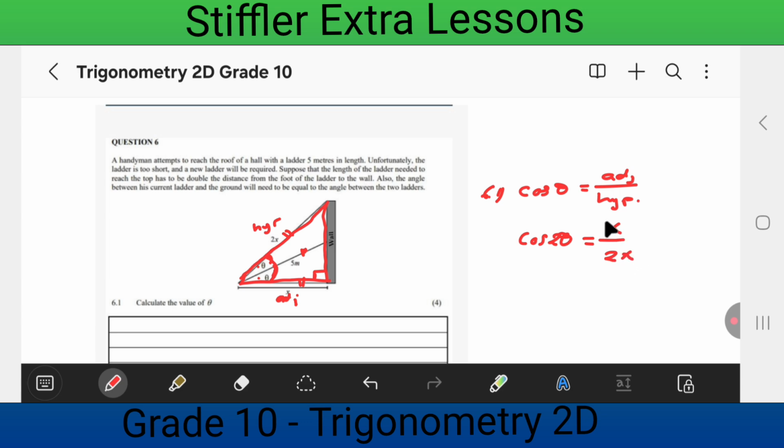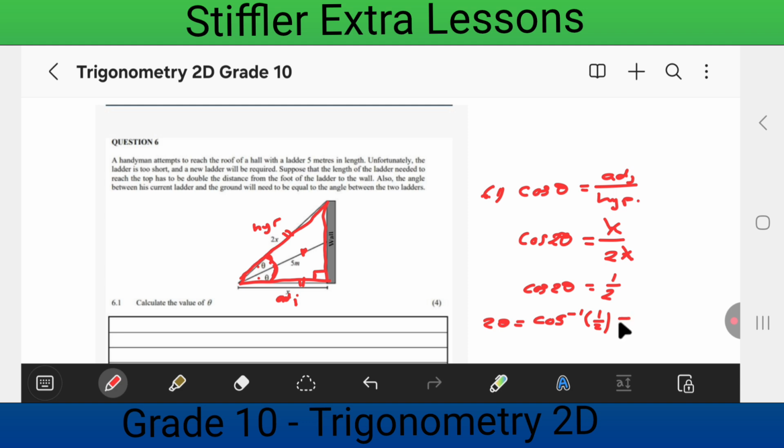And already you can see that we're having x on top and x below, so it means that this can cancel each other out. So it means that our cos of 2 theta will be equivalent to 1 over 2. So now we can do the second function of cos. So our 2 theta will be equivalent to cos the second function of half, right?